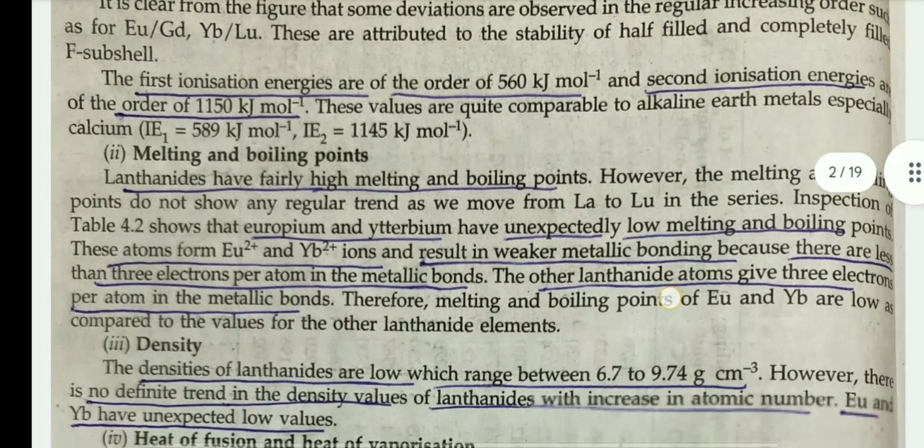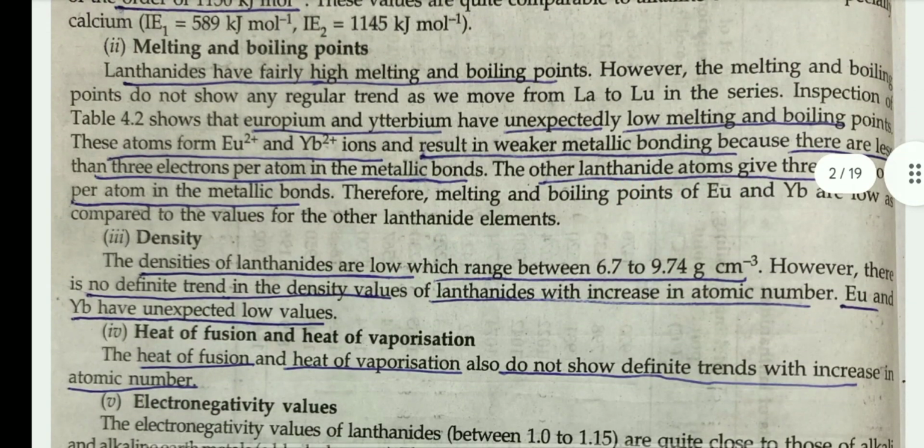Melting and boiling points. Lanthanoids have fairly high melting and boiling points. However, the melting and boiling points do not show any regular trend as we move from La to Lu in the series. Inspection of table 4.2 shows that europium and ytterbium have unexpectedly low melting and boiling points.